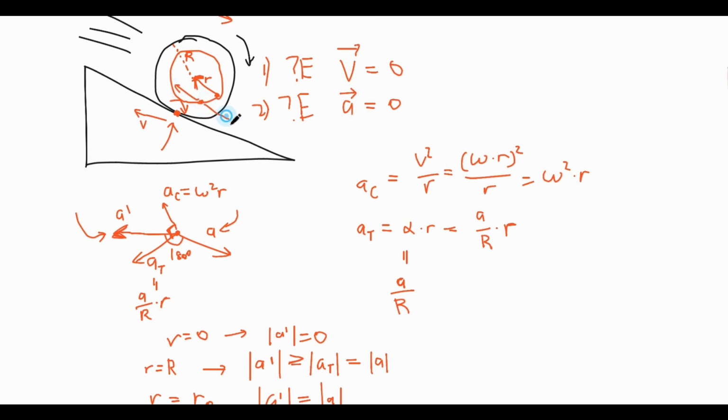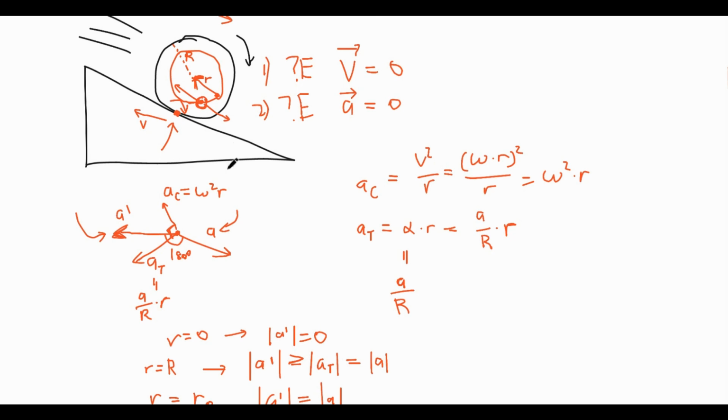Their magnitudes we've already guaranteed are the same, and since this rotates an entire 360 degrees, there must exist a point on this circle such that not only do the magnitudes match up, but the angle between them is 180 degrees. So at this precise point, the net acceleration of that point at that instantaneous point in time is going to be 0, as we desired.